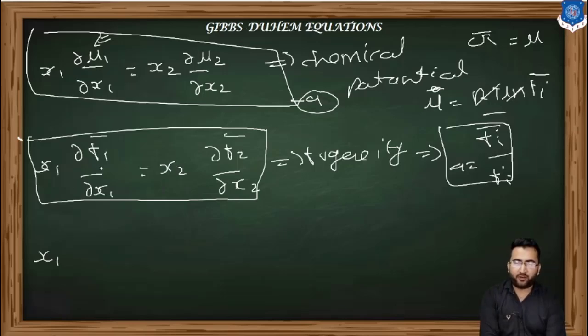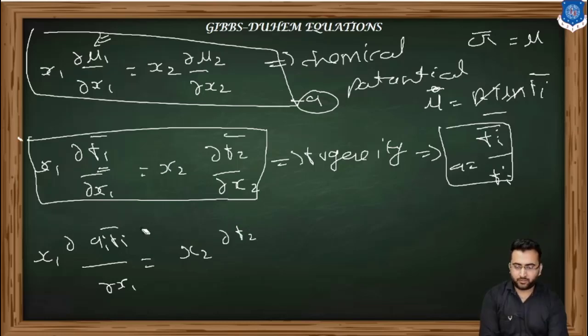If we replace fugacity in terms of activity, then this equation becomes x1 del fi bar upon del x1 is equal to x2 into del f2 bar upon del x2. So this is not bar, this is f naught. Replacing this fi bar, it becomes Ai into fi naught.